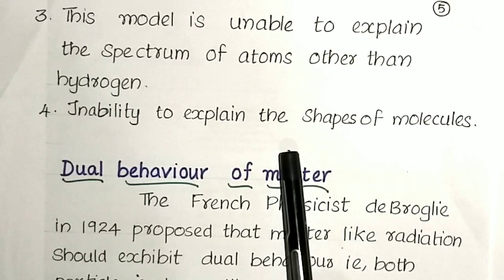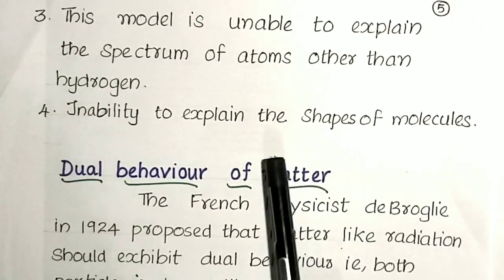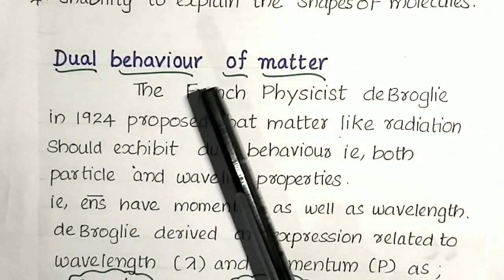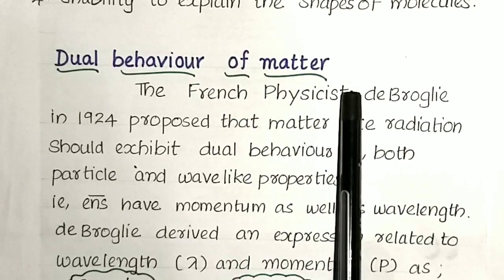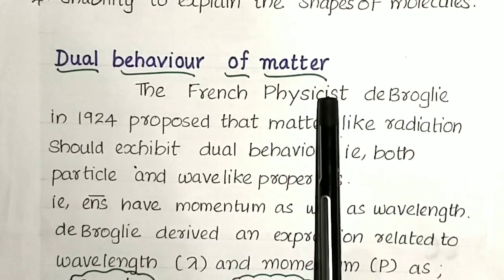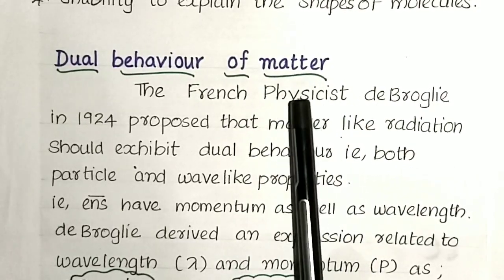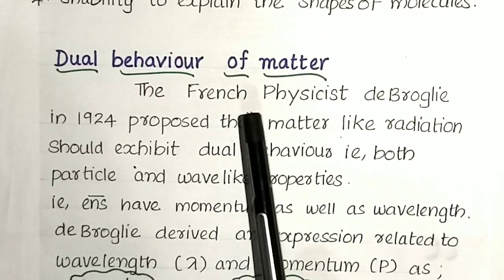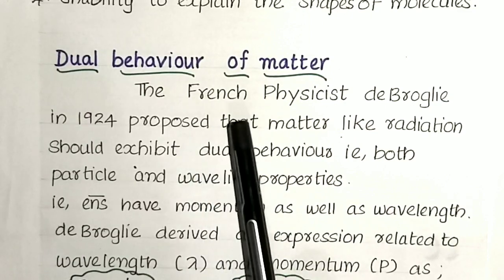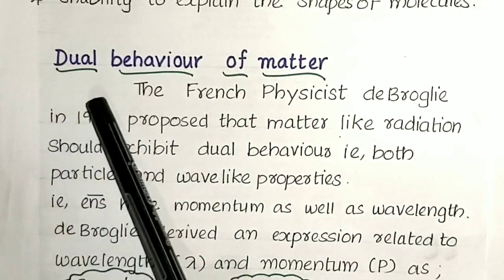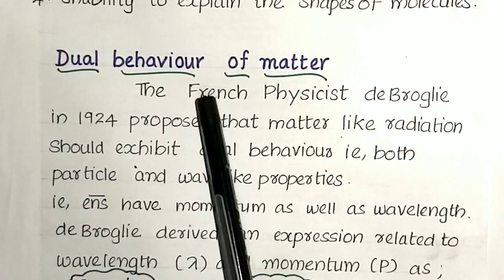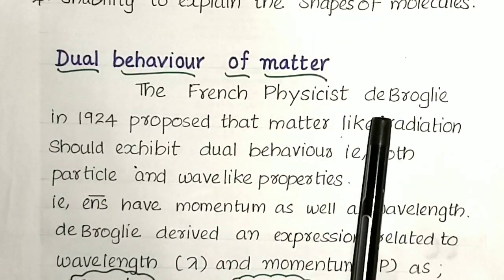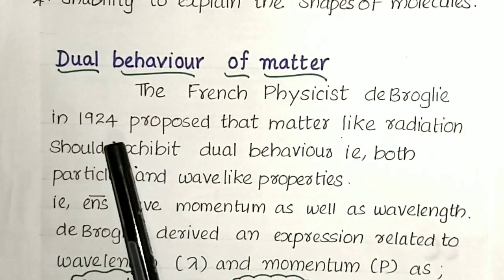Then next, our portion is dual behavior of matter. The Bohr atom model is over. Matter-like particles such as electrons, photons, meaning light particles, etc., show two types of behavior. Dual behavior means two types of behavior. This was first proposed by the French scientist de Broglie in 1924.